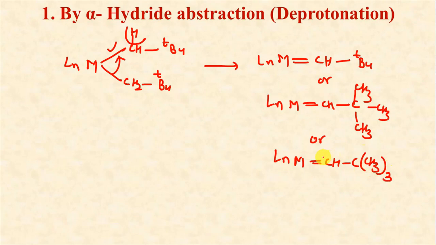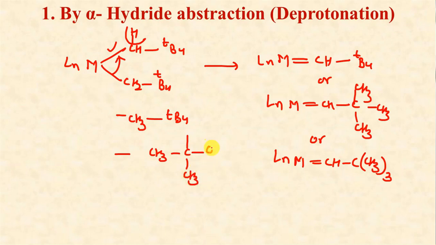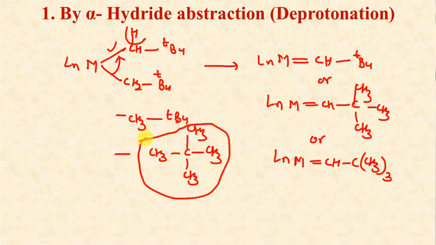So there are different ways of writing these structures. And what is lost here? CH3 tertiary butyl is lost. This is neopentane, so neopentane molecules are lost as byproducts in this case.